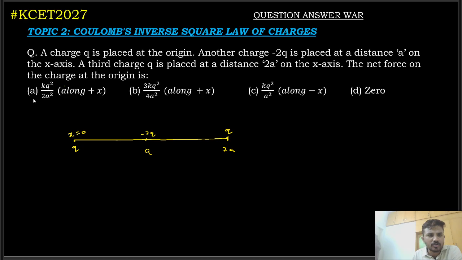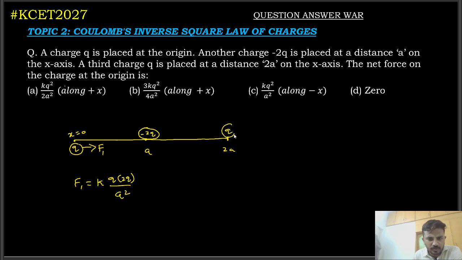The net force on the charge at the origin: due to this negative charge on this positive charge, there will be a force of attraction. Let me write it as F1. F1 is equal to K Q1 Q2 divided by a square.